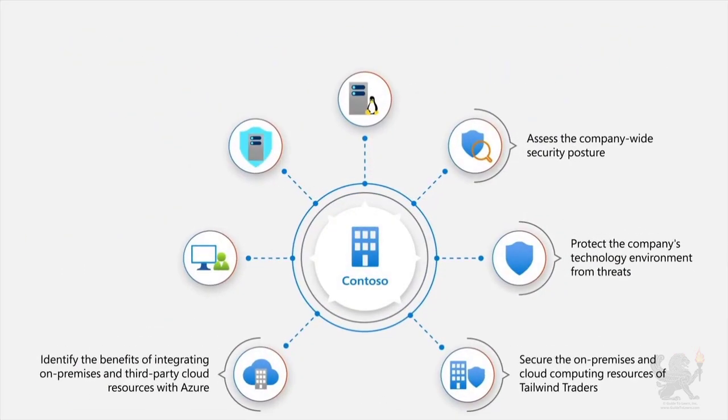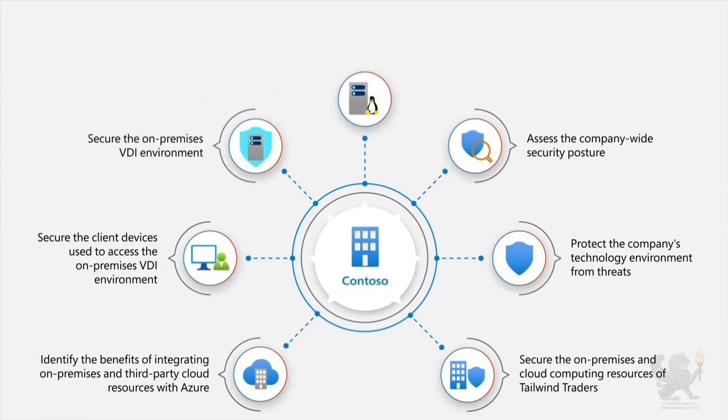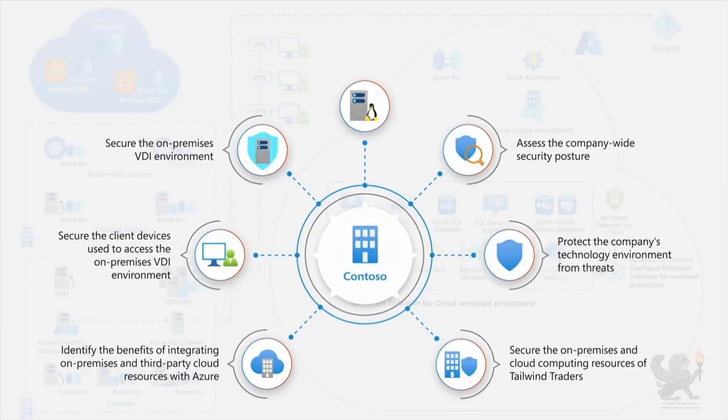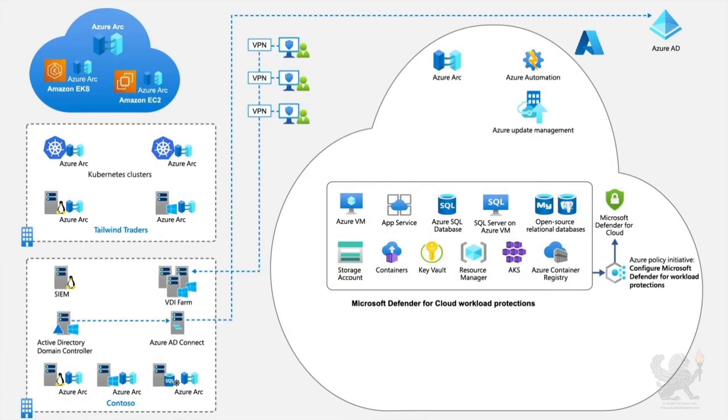Two other requirements of the solution are securing the client devices used for remote access to the on-premises VDI environment and the on-premises VDI environment itself. The vulnerabilities of client devices used for remote access to the on-premises VDI environment, combined with the lack of an existing mobile device management solution, influences the choice of Microsoft Intune for the management of personal devices.